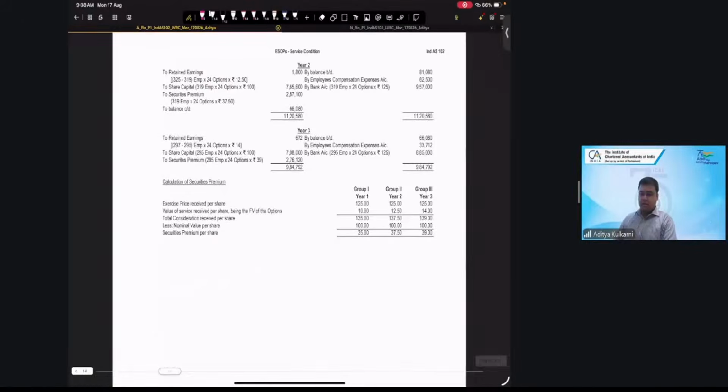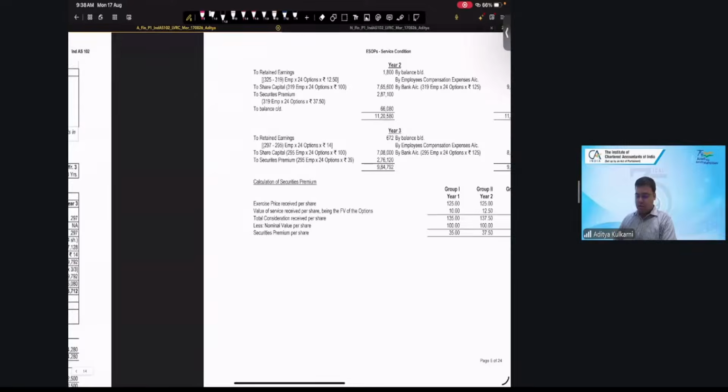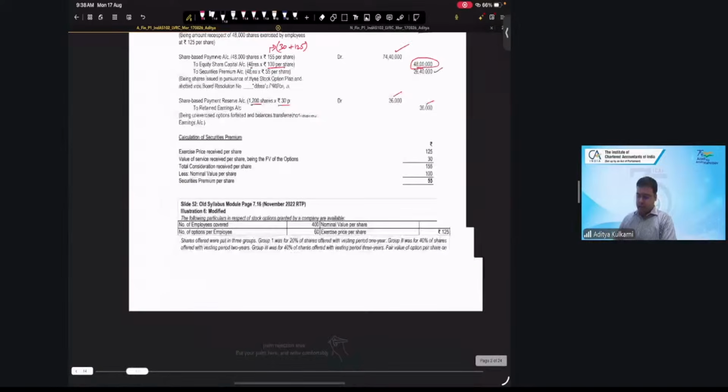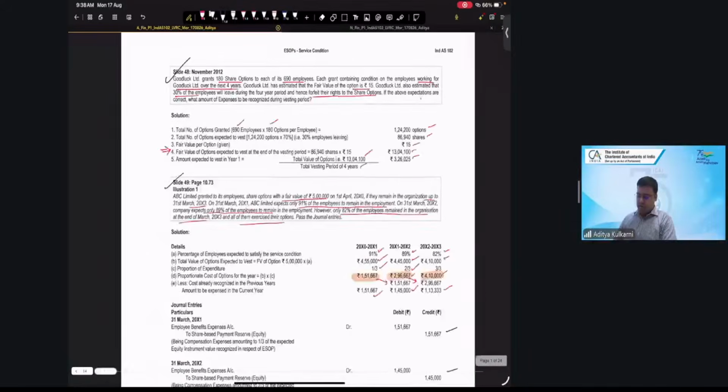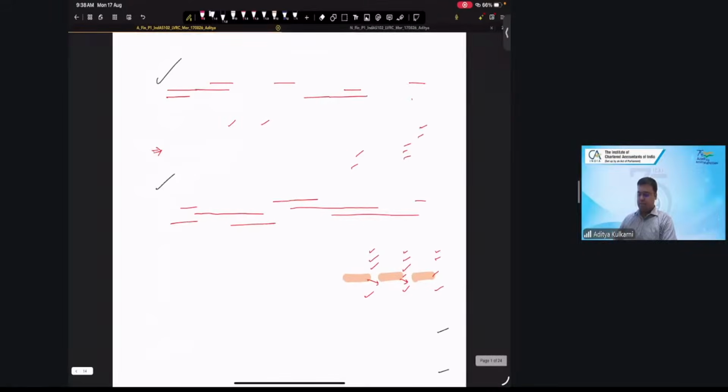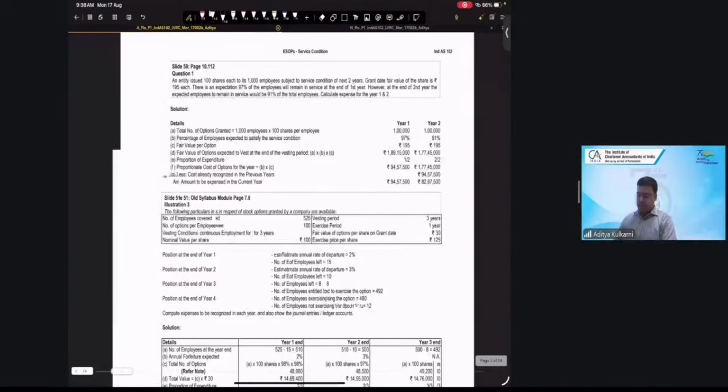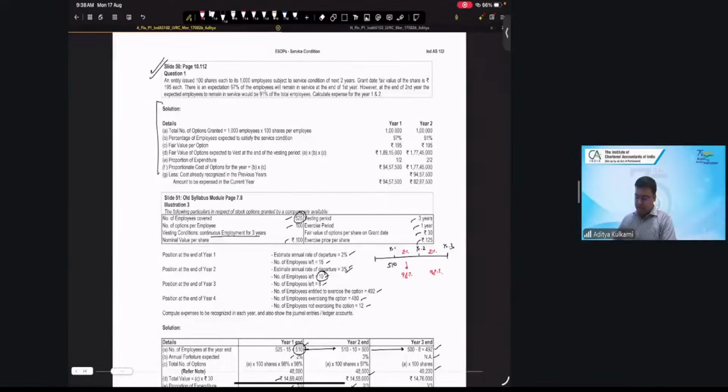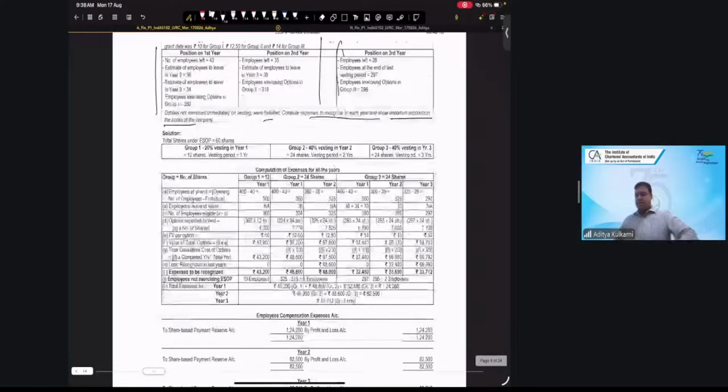Then ESOP's service condition also we have already seen. I had asked you to review this graded vesting, but since we have time, I think I will run you through the graded vesting so that it gives clarity and we can complete this.